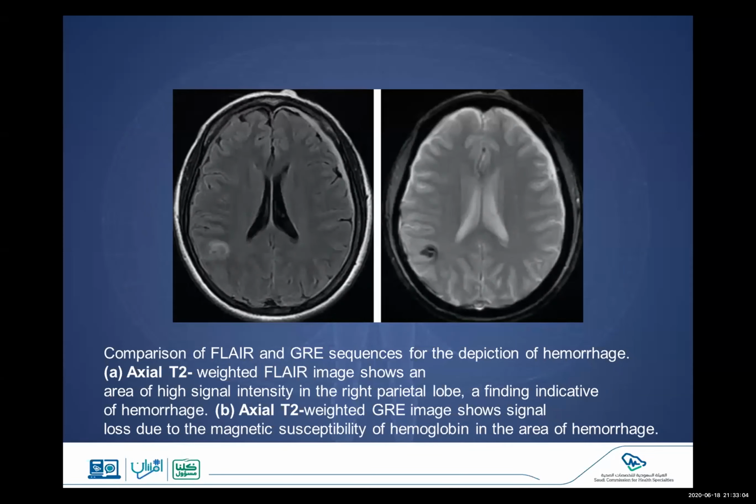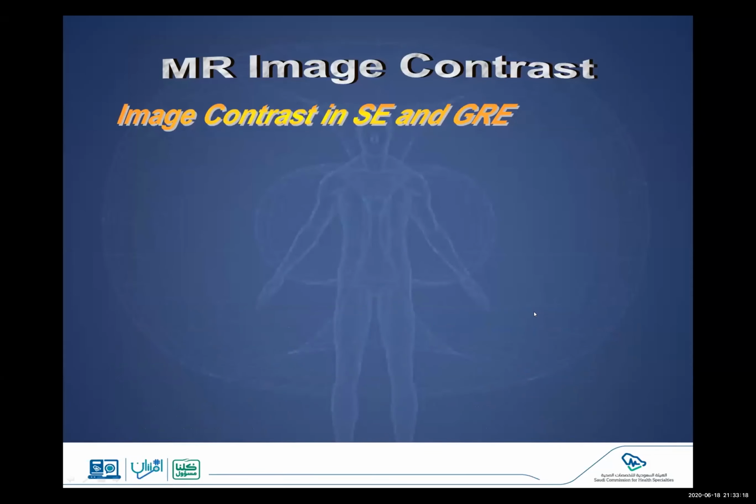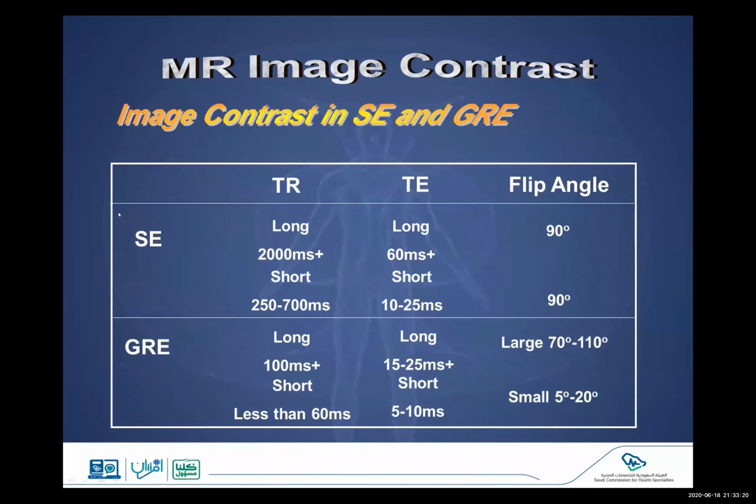And in this example, hemoglobin will show again. And that's another example of a knee exam, where the susceptibility effect is showing more in a gradient echo sequence. And that is a summary of contrast in spin echo and gradient echo.